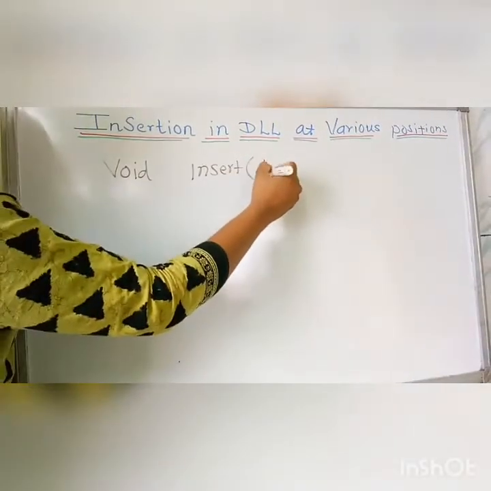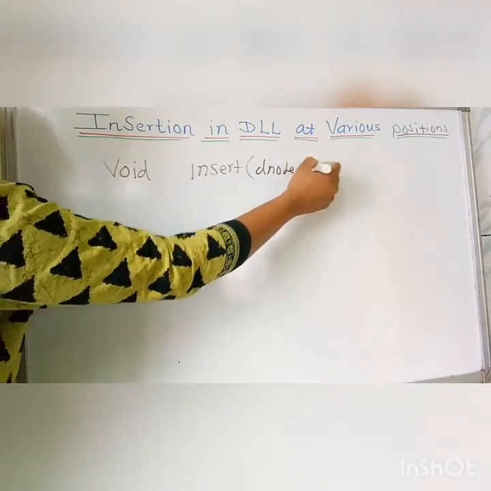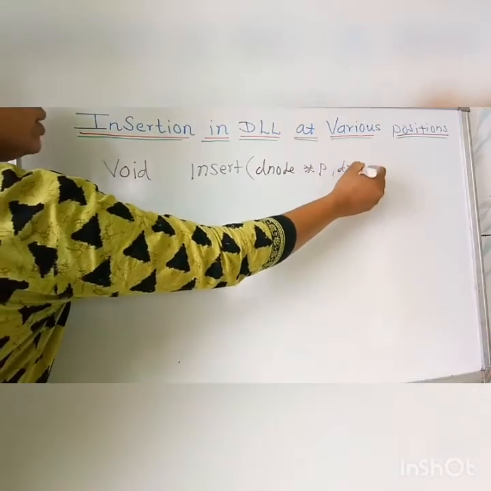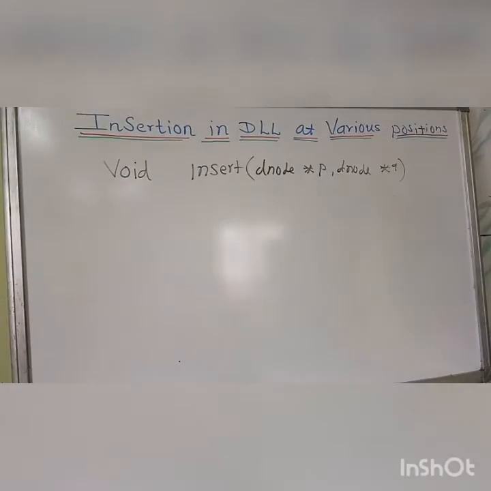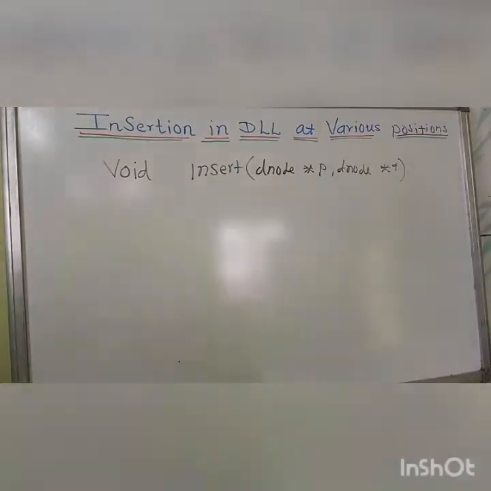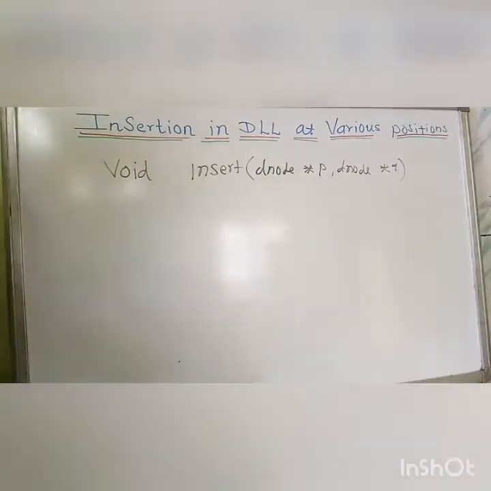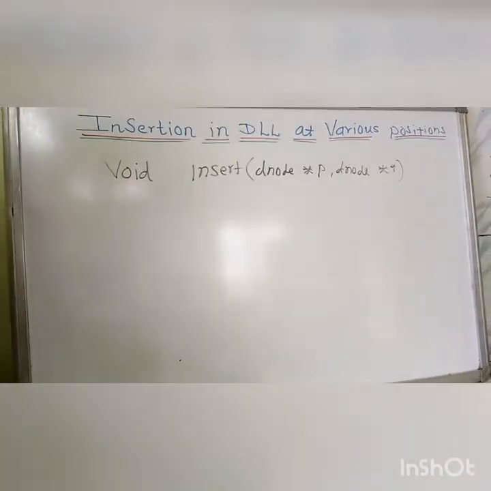We will take two nodes, that is DNode type star P and DNode type star Q. P is pointing to the new node, and Q is the actual node of the linked list where we have to insert the new node.